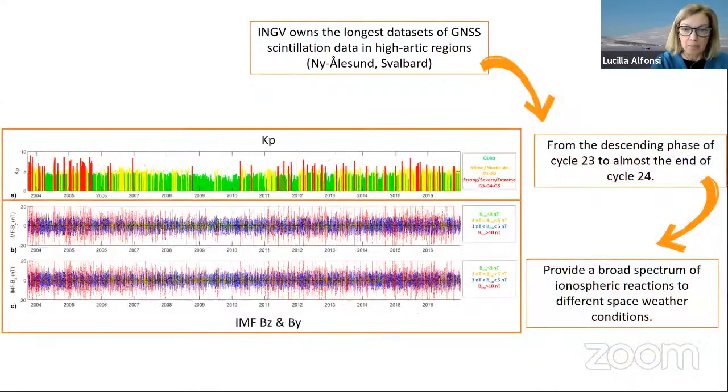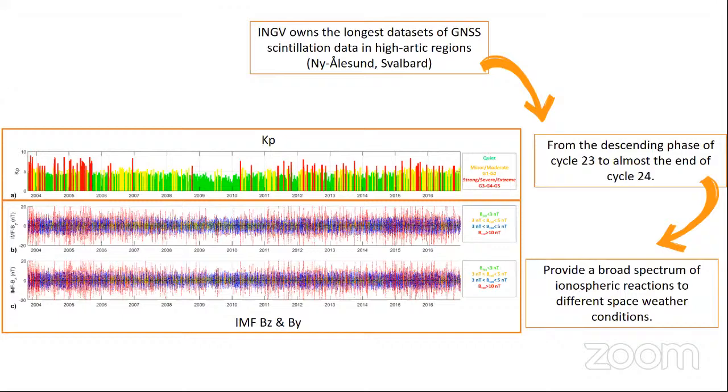So this is the plot collecting all the conditions that we can see reflected in our monitoring. As you can see, we have a significant number of strong, severe, and extreme geomagnetic conditions, but also moderate conditions, and a lot of data collected during quiet conditions.